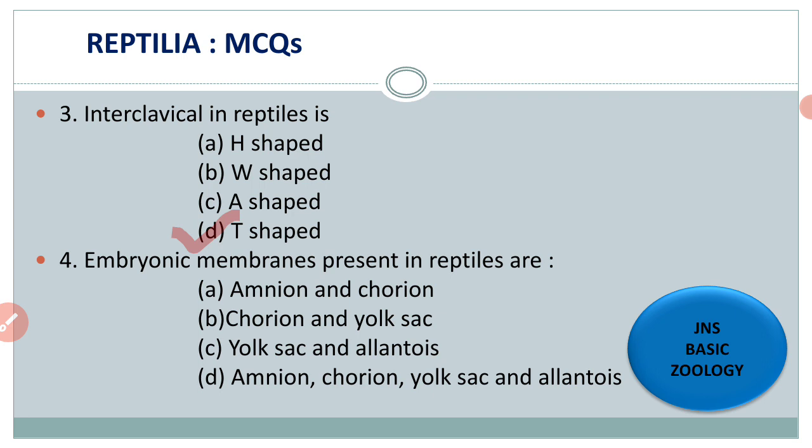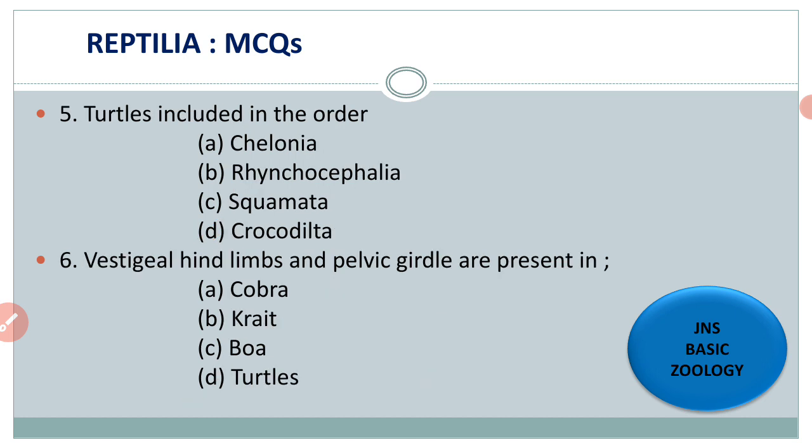In reptiles, all four embryonic membranes are present: amnion, chorion, yolk sac and allantois. So the correct option is D.